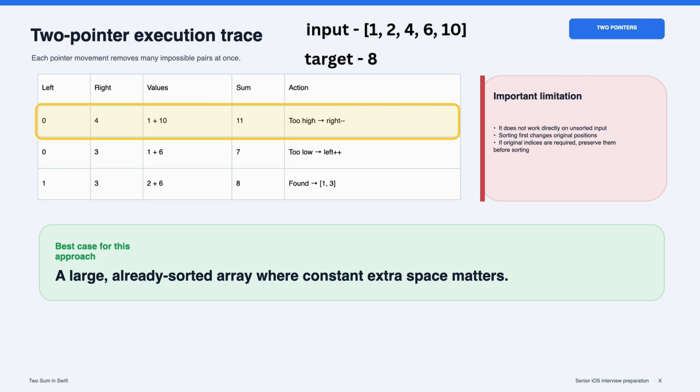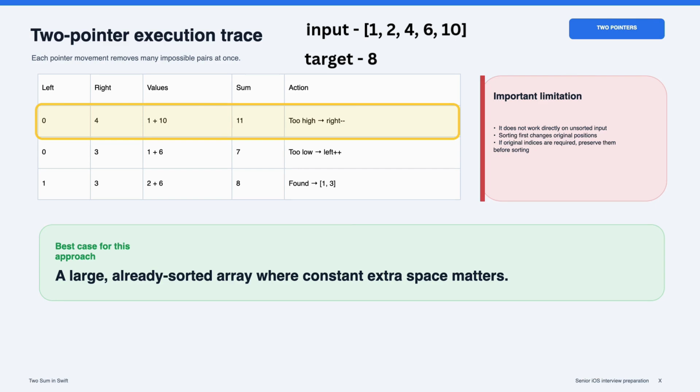So the values are 1 and 10 and their sum is 11. Since 11 is larger than the target 8, the sum is too high. Therefore, we decrease the right pointer: right equals right minus 1. The right pointer moves from index 4 to index 3.